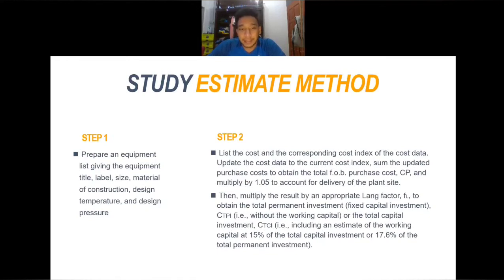Then step 2, we list all the costs corresponding to the cost index of the cost data. And then we multiply it by 1.05 to account for delivery to the plant site. Then we multiply the result by using the Lang factor. So in this study estimate method, we must refer to the Lang factor to obtain the total permanent investment.